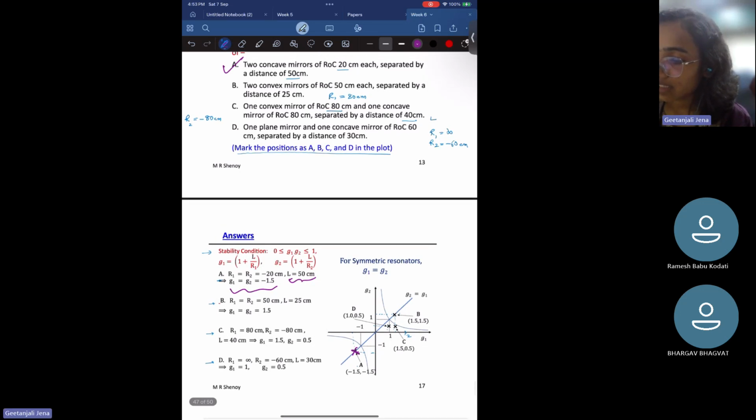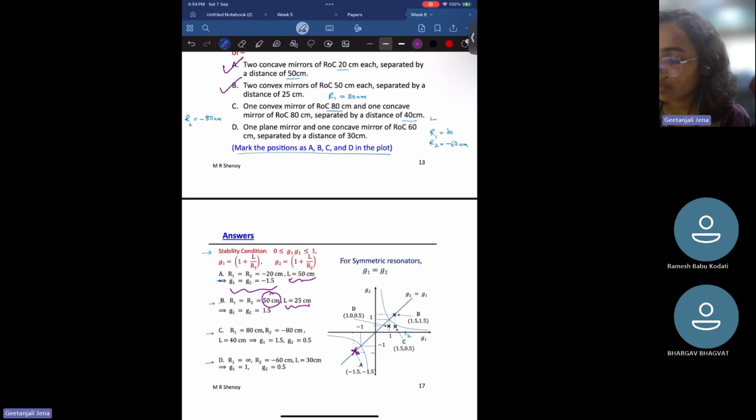And for the second case, we have two convex mirrors of ROC 50 centimeter each, separated by a distance of 25 centimeter. So here it is a convex mirror, so that means R1 and R2 is 50 centimeter, and L is given 25 centimeter.